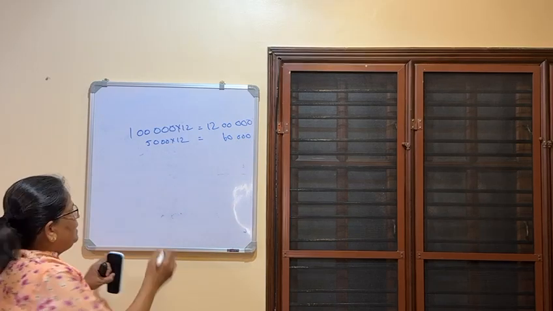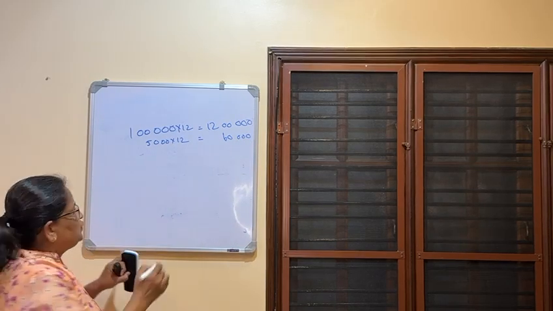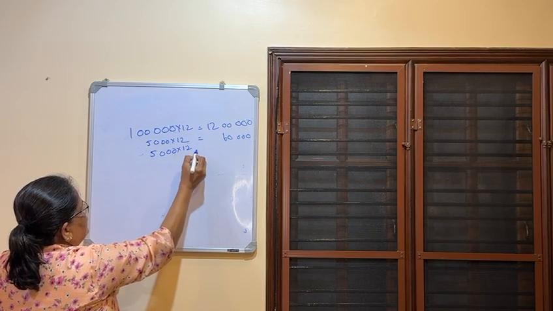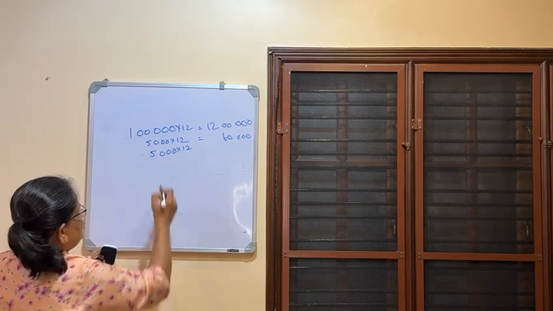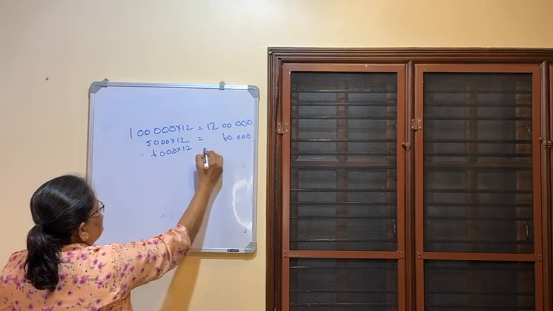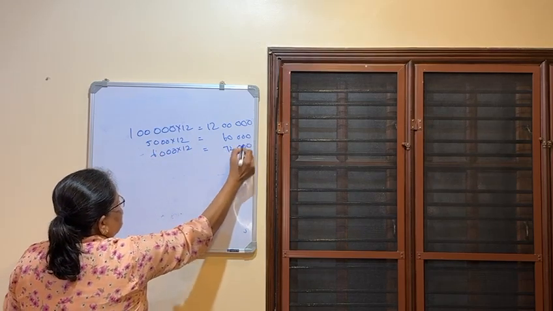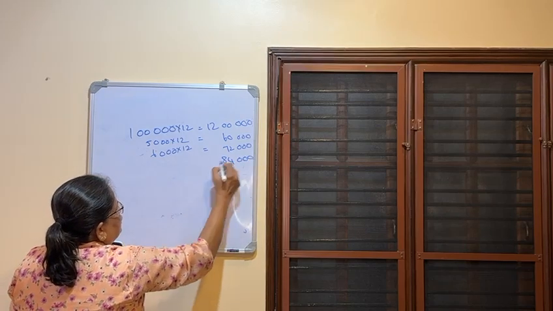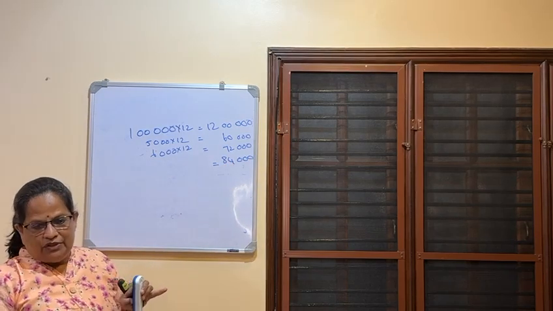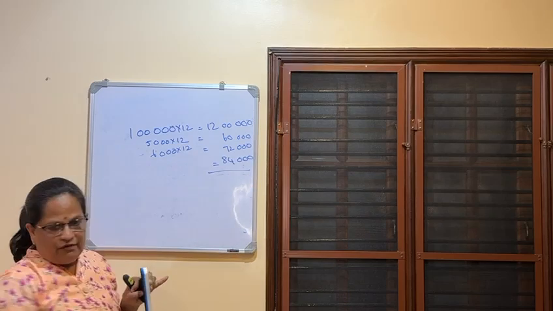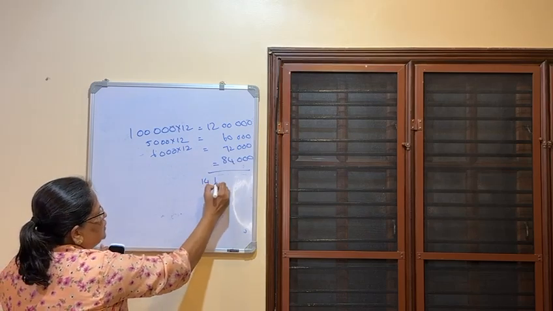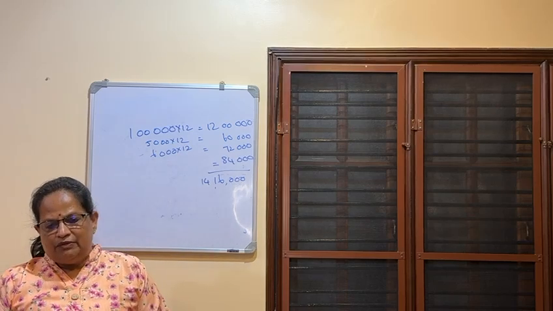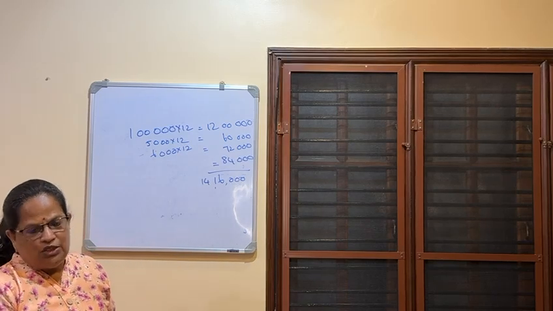Now, entertainment allowance 6,000 into 12, 72,000. Now, bonus 84,000. Therefore, salary for computation of RFA is 14 lakhs 16,000. Now we have to take 15% of this value because population is exceeding 25 lakhs.